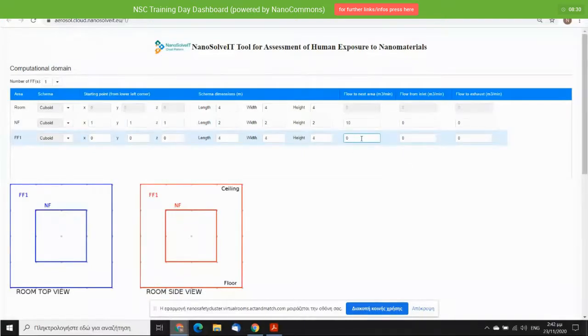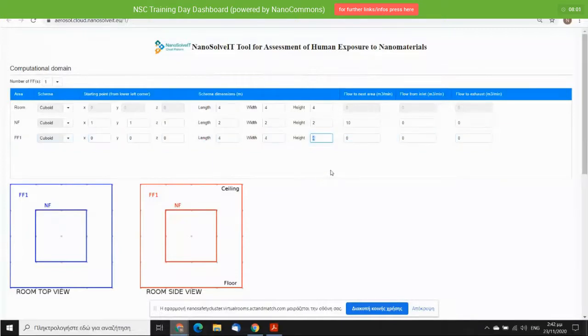This is important because, in order to enable deposition in our model, the sides of the area, for example the FF1, must coincide with the side walls of the room.